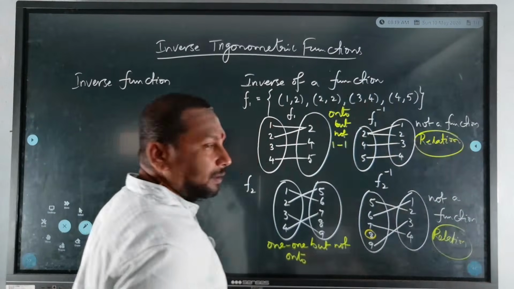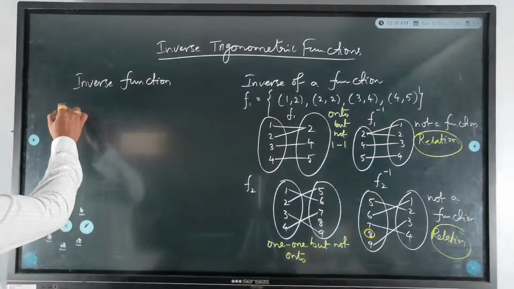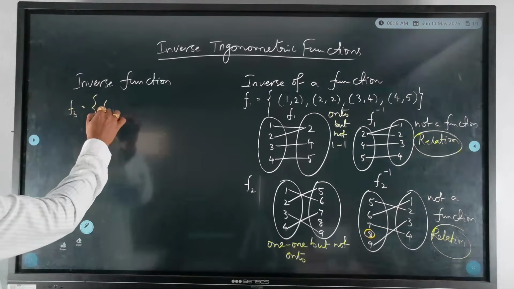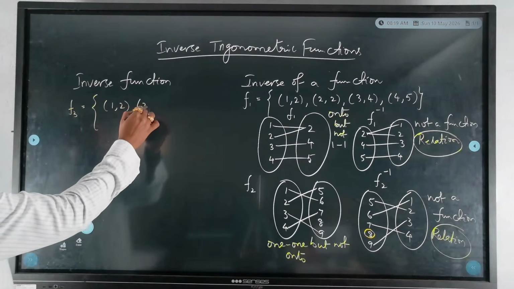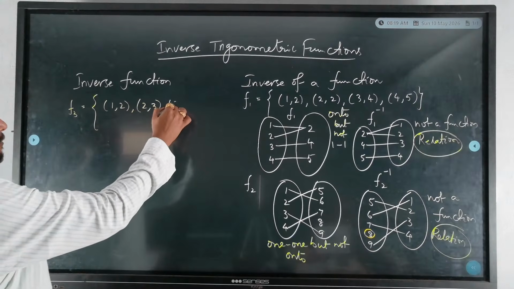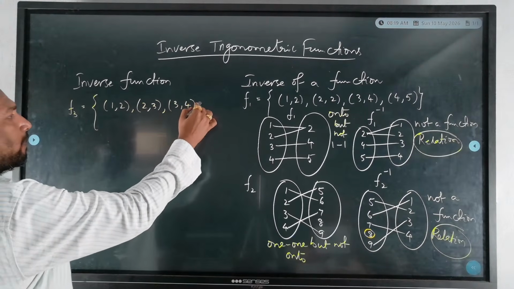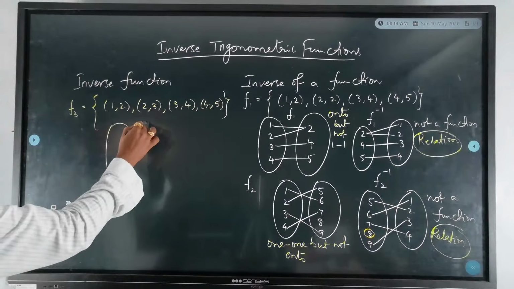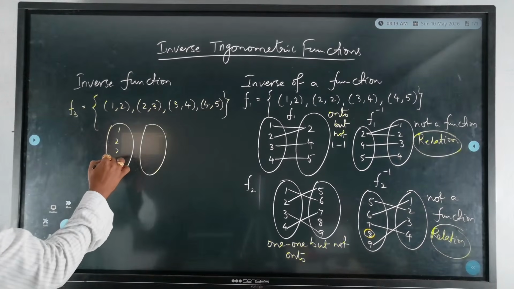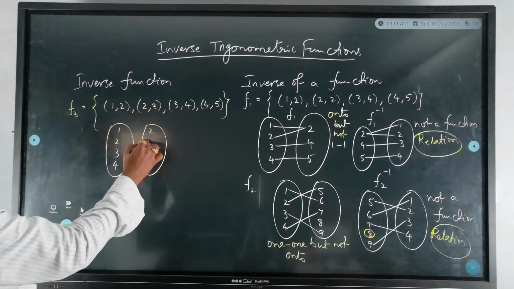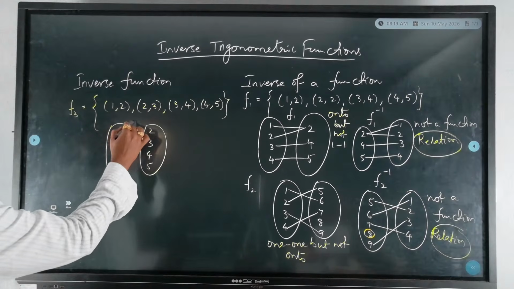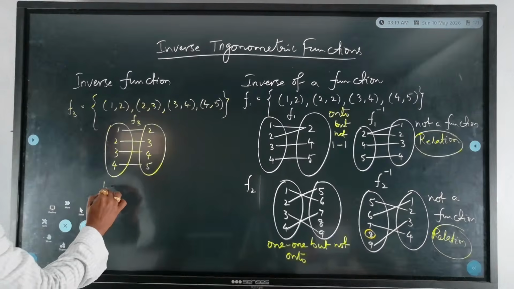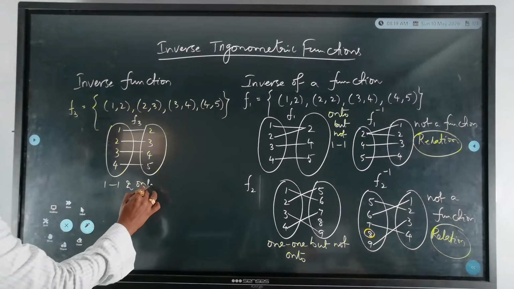Right? Now f3 will be a function. This is 1-1 and onto.